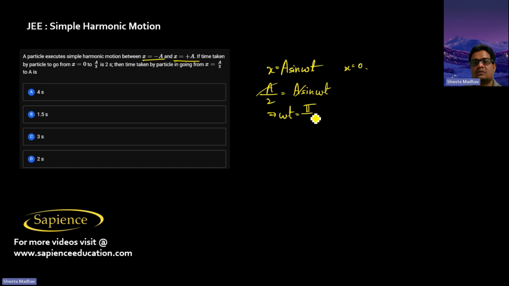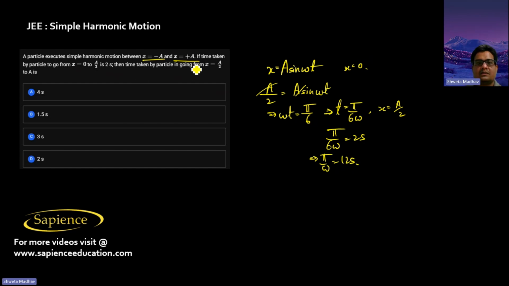So at t equal to pi by 6 omega, it will reach x equal to a by 2. So this is equal to 2 seconds. So pi by 6 omega is 2 seconds. Therefore pi by omega value is 12 seconds.